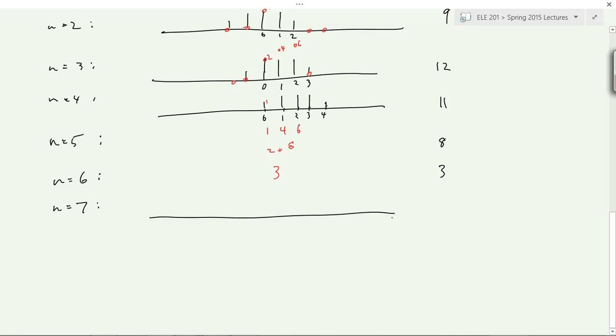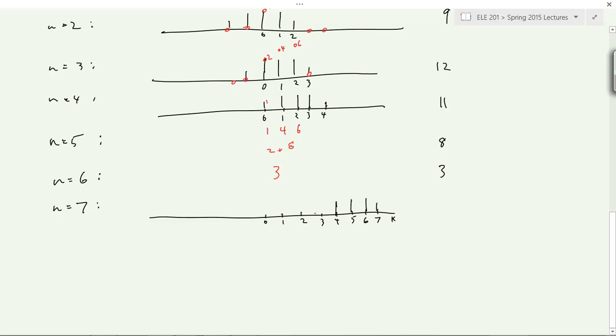N equals 7, here's k. You actually now go up to, so there's 0, 1, 2, 4, 5, 6, 7, and it's like this.